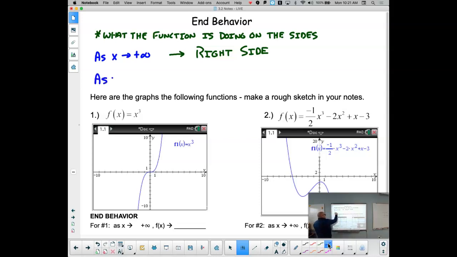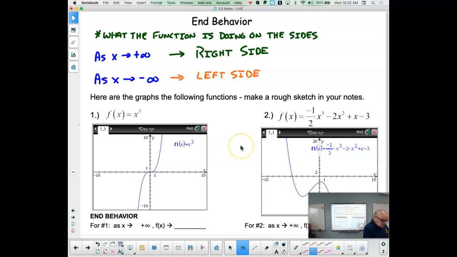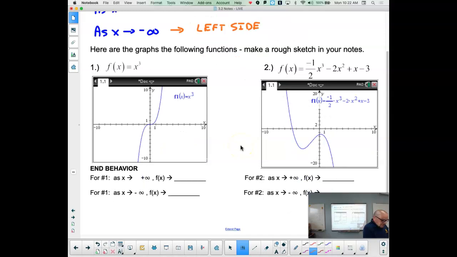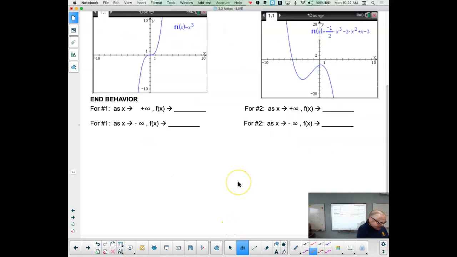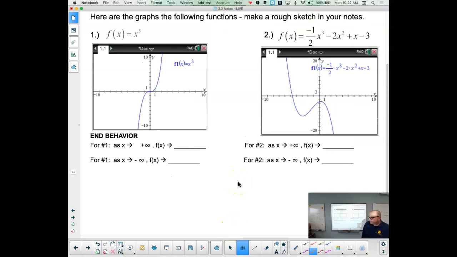And as x goes to negative infinity, that stands for the left side of your graph. So, down here, the end behavior of these two functions. I gotta extend my page.